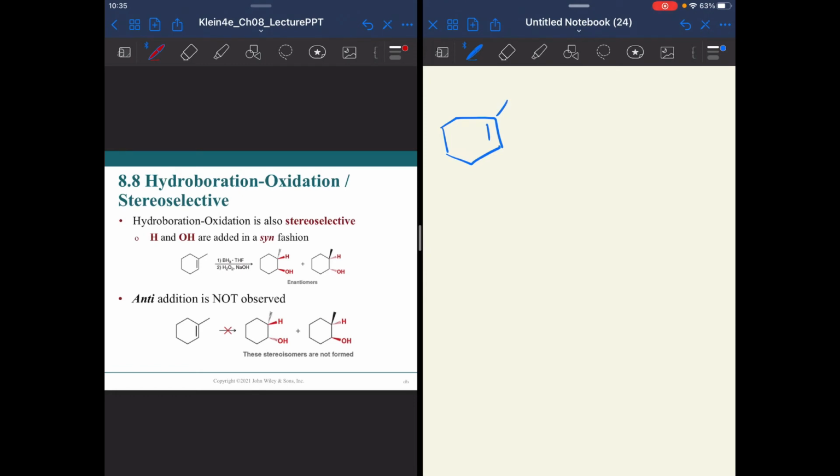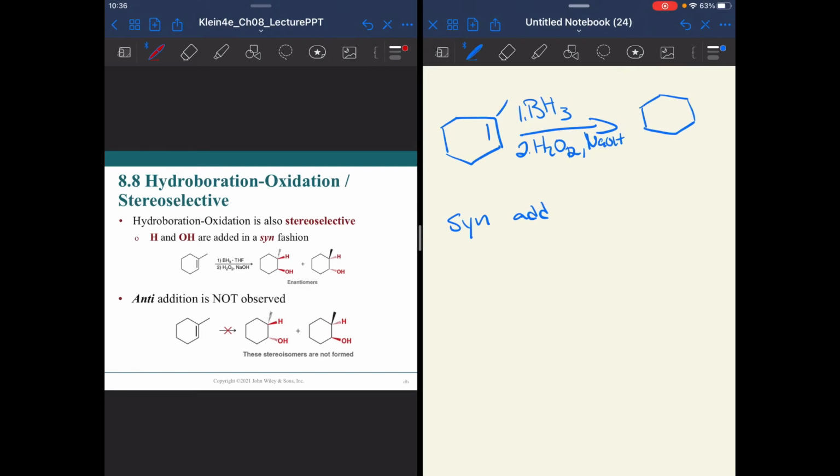An asymmetric ring here. We are going to use our borotrihydride there. We're going to follow it up with peroxide and hydroxide. And we are going to take note. Syn addition means that the two things that are added go to the same side.